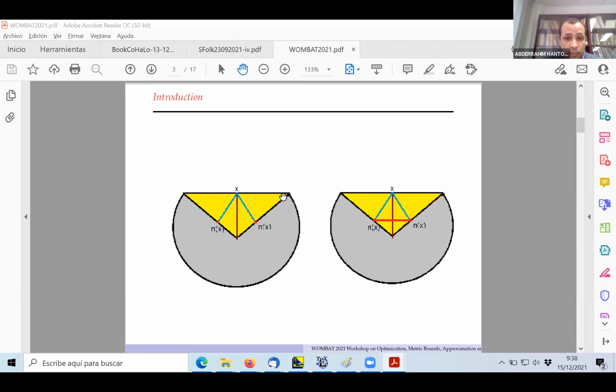Actually, the only bad point where the projection is not unique is the point X of the half. All points which are on the boundary of the set, if you take any point in this part, have a unique projection. The only point X of the half has two projections, P1 and P2. And this is the highest distance between the point X and its projection.